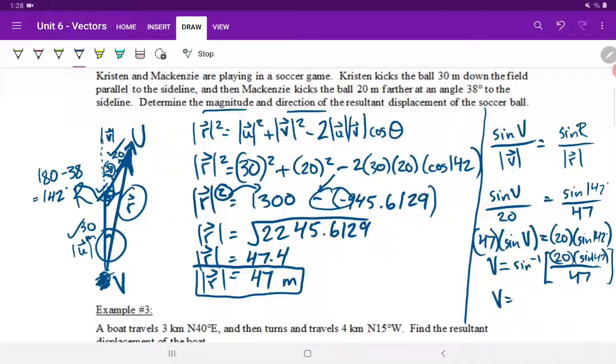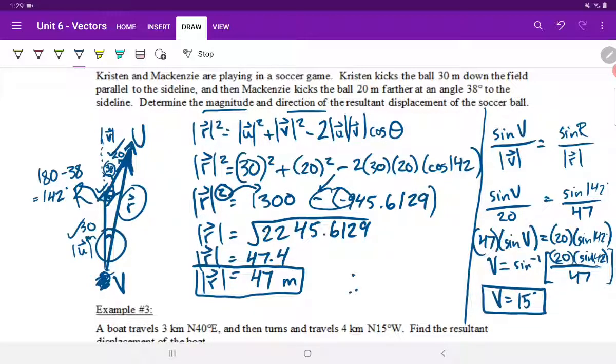Throw that all into your calculator. So take the second function, sine, use double brackets here. Final answer is 15.2 degrees, but let's call it 15 degrees.